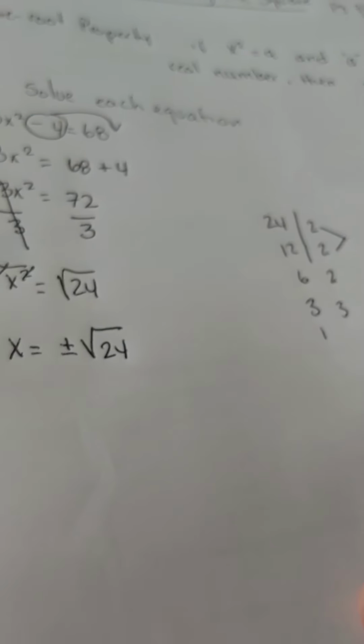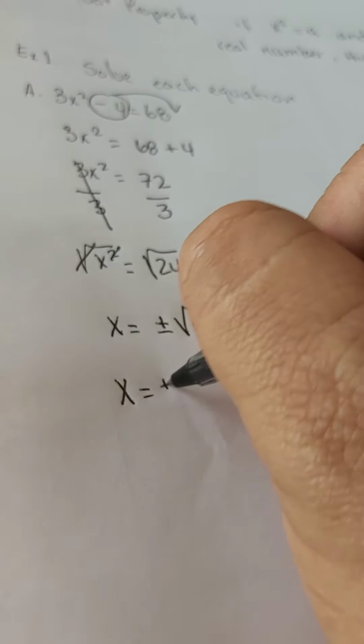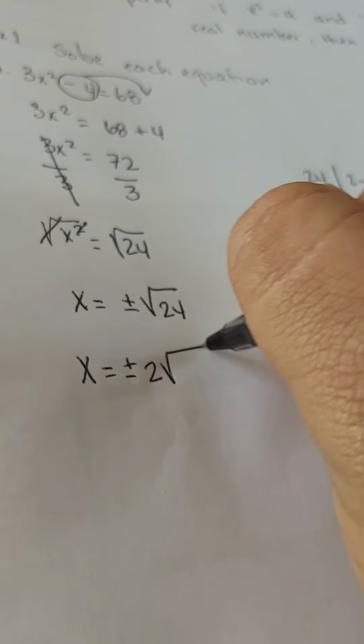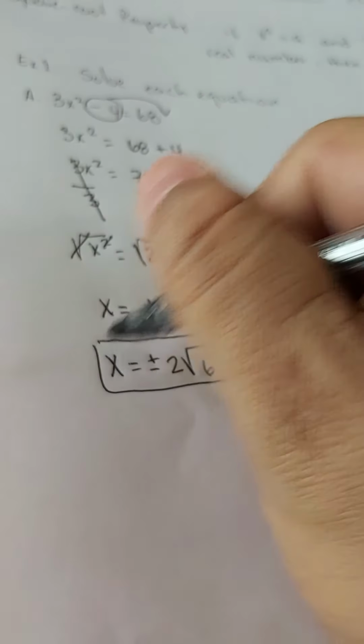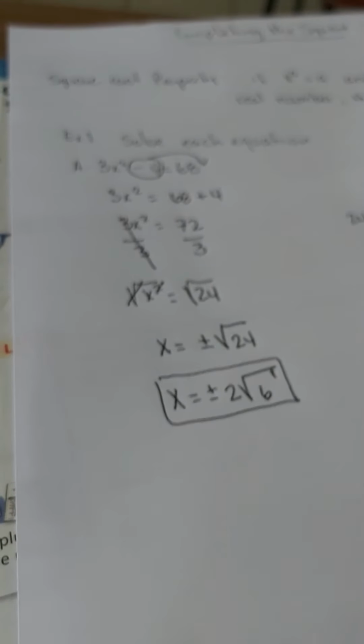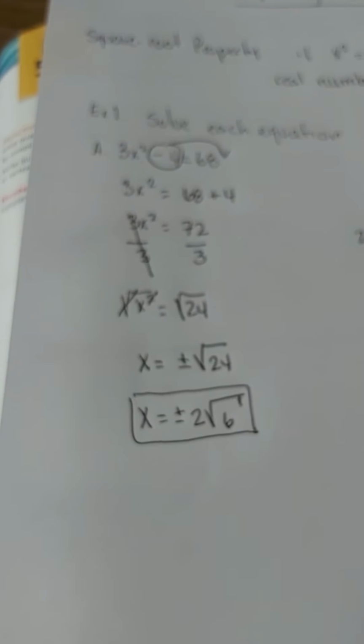So only that goes out. So we get that x equals positive negative 2 square root of 2 times 3, 6. That will be the solution for 3x squared minus 4 equals 68. Okay?